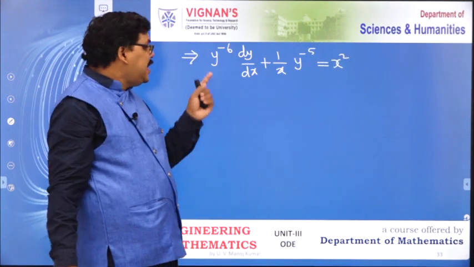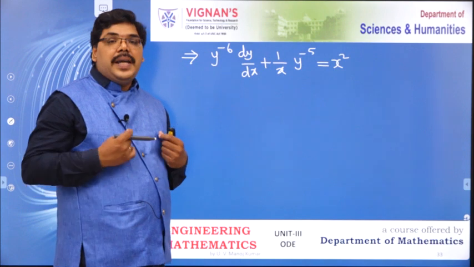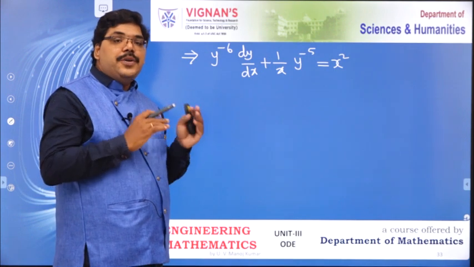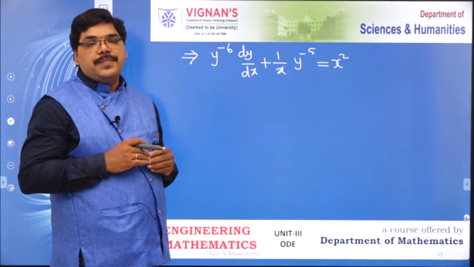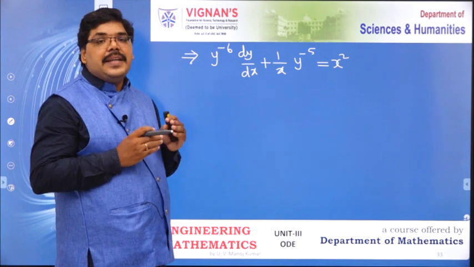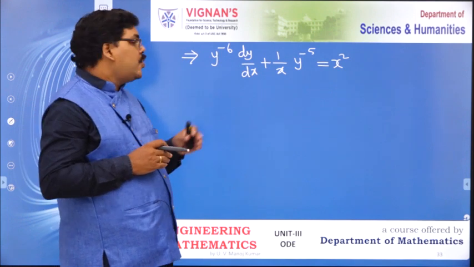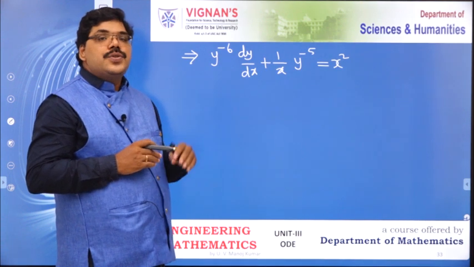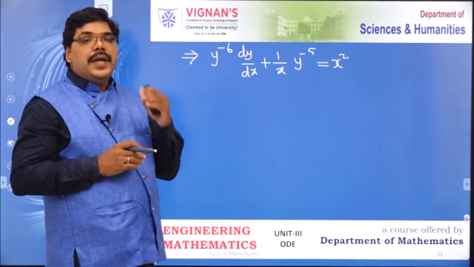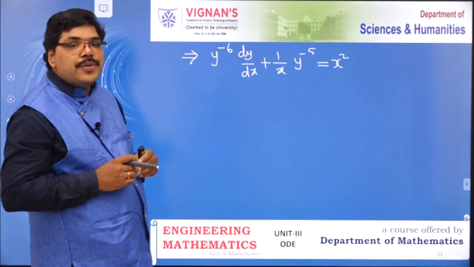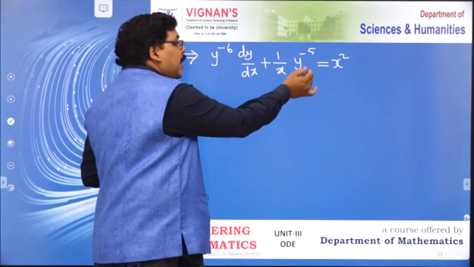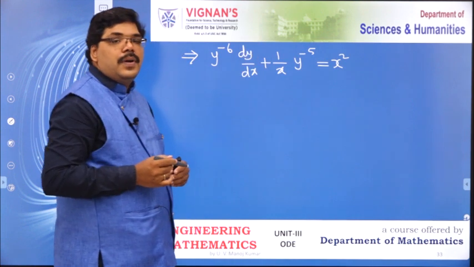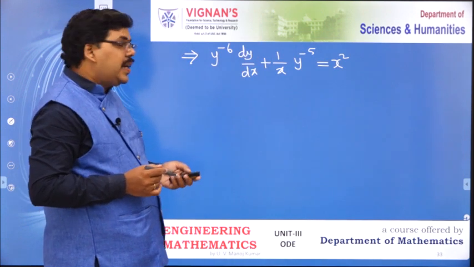Now, is this in linear form? Our aim is to reduce Bernoulli's equation into a linear equation. For that we have divided the entire equation with y power 6 on both sides, and we get this result. So is it linear? No, it is not linear. So to make it linear, we have to substitute. We are substituting the term that is the coefficient of p.